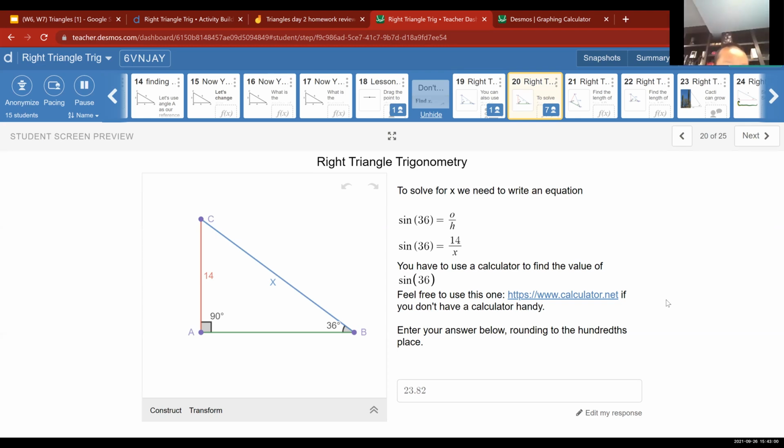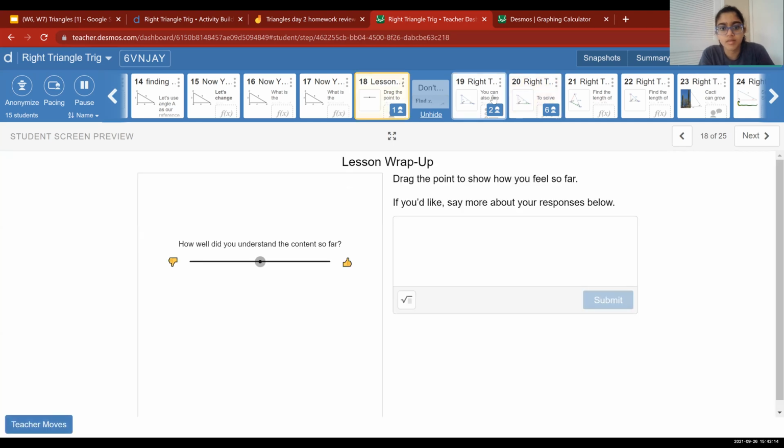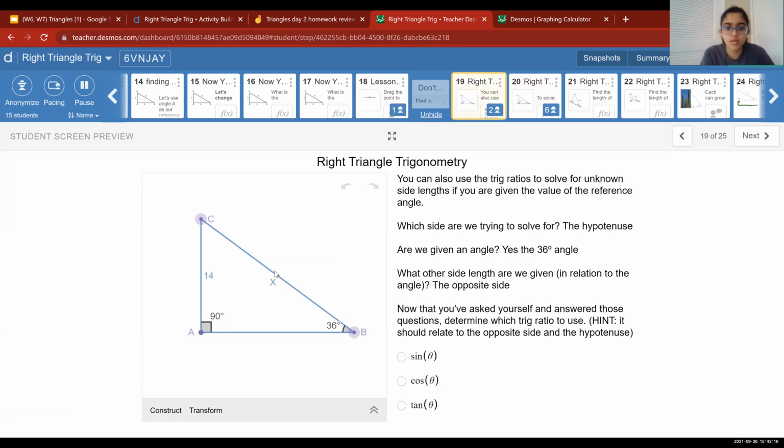So basically it'd be 14 over the sine. Yeah, 14 over sine 36 would be. Okay. I'm confused on question 19. Okay, give me a second. So the question, I believe it's tan.